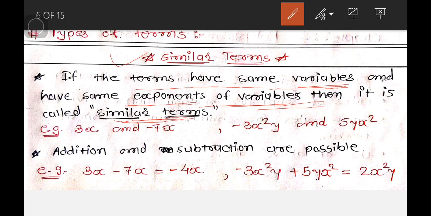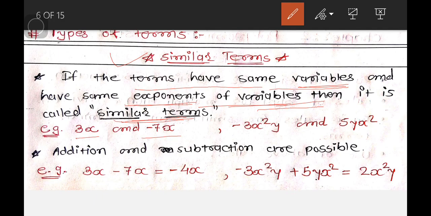Here is a given example, 3x and minus 7x. Note that here we should not look at the coefficients of 3x and minus 7x. We have to concentrate only on the variables and the exponents of the variables.